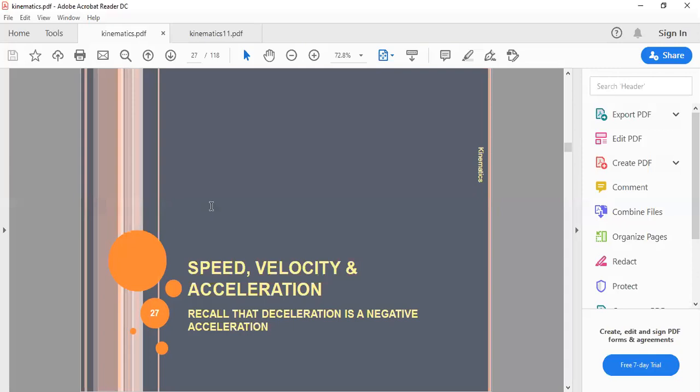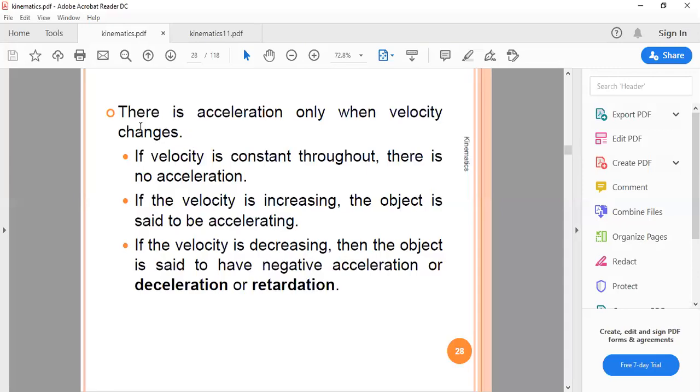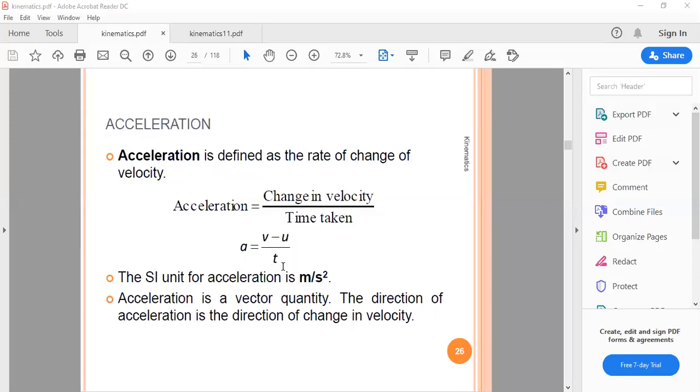Okay, now everybody write this. It's the same formula, Nabia.